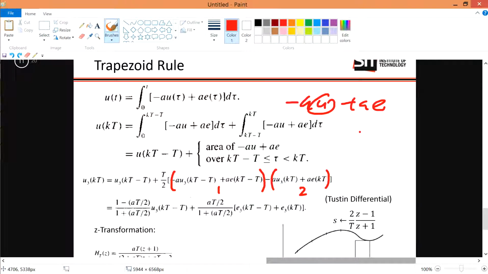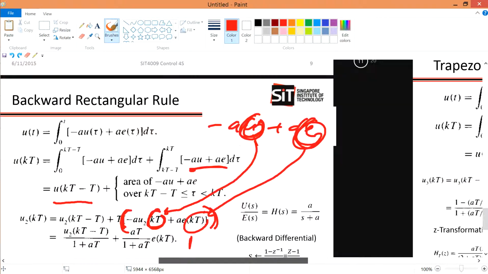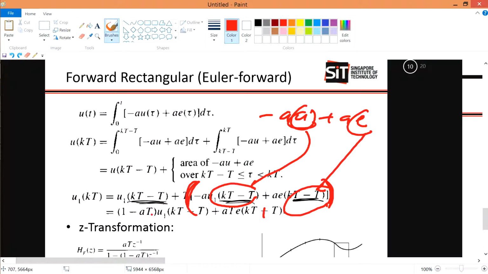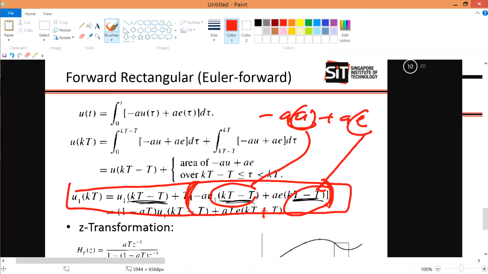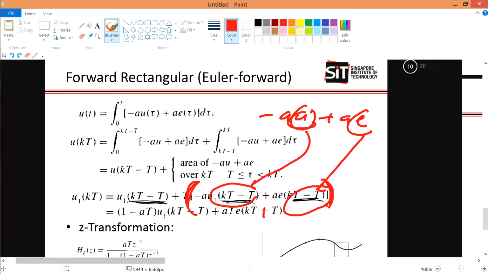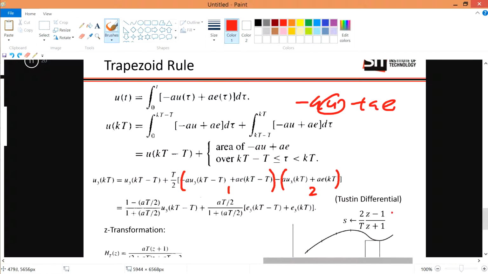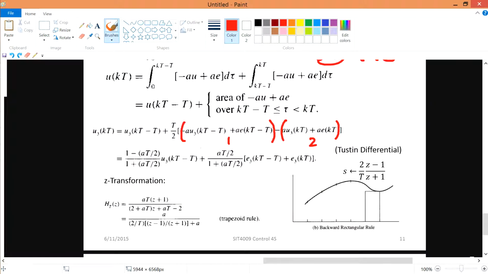I don't know how to derive the meaning, but at least you can see the relationship in terms of the equation. This is the particular step that you need to consider for forward, backward and trapezoidal. Later on the rest of the derivation is just math only.